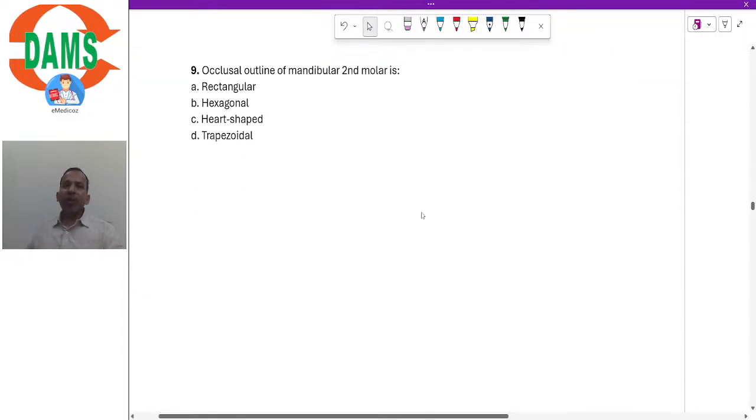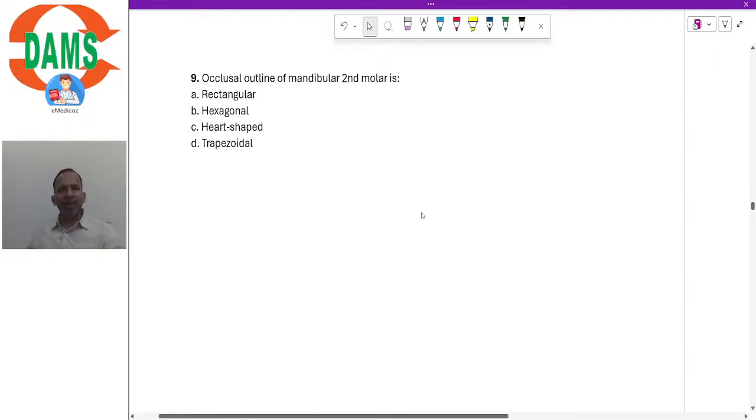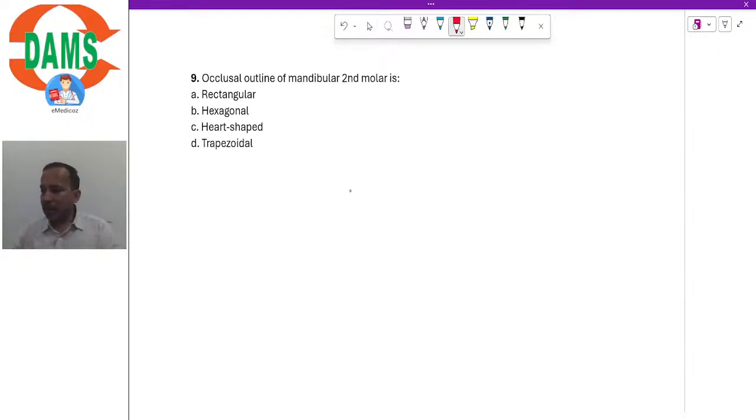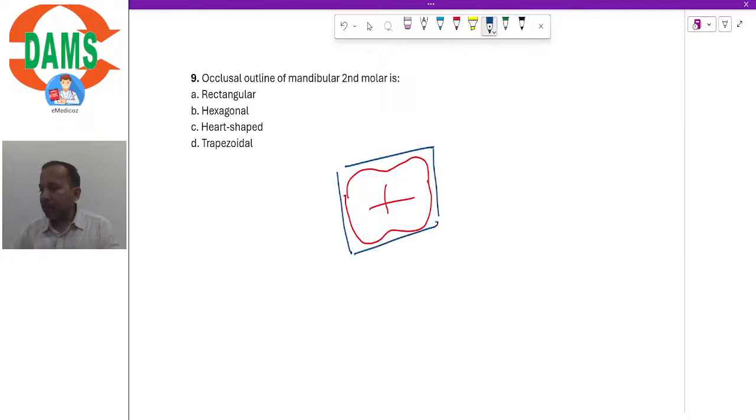So occlusal outline of mandibular second molar is, I think this we have already discussed, isn't it? We have already discussed it. The occlusal outline of mandibular second molar resembles a rectangle, right?